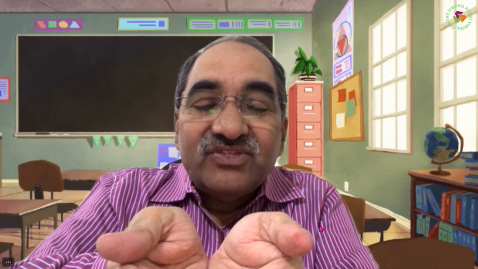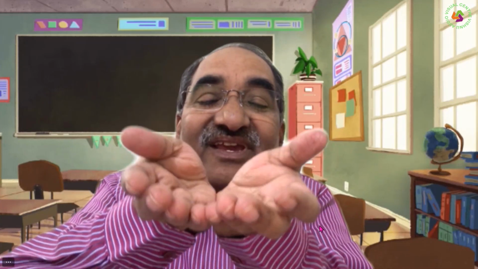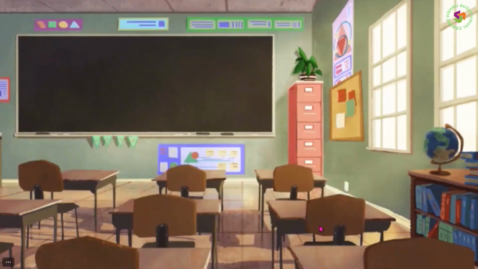So if you see clearly, this is how the ellipsoidal cups will be, like this. Even at the edge, it is like just cutting the thing. The portion will be like this.